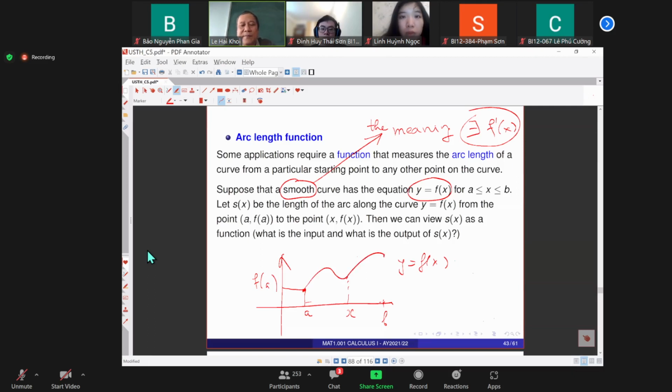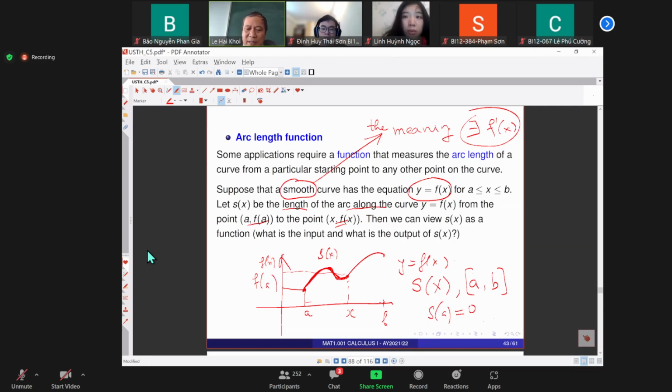At every point x between A and B, I have this length depending on x, and I denote it by S of x, which means the length along the curve from the point (A, f(A)) to the point (x, f(x)). So then you have S of x for x from A to B, correct? S at A is 0.